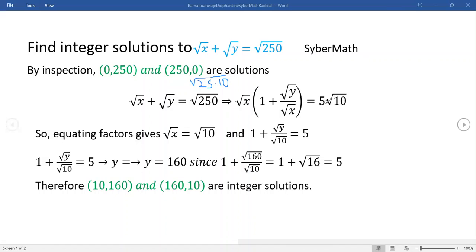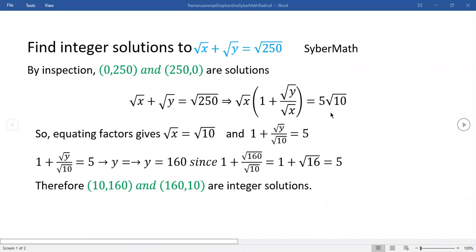Well, notice that you can write this as 1 root 10 plus 4 root 10. So what we can do right here, let me clear this out. Another way of looking at this is 1 root 10 plus 5 root 10, and that would also give you this solution.